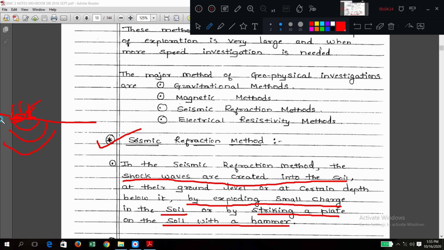You can make a small explosion so that it will create shock waves, or by hitting a steel plate with some hammer, that also creates shock waves. First step in this method is what? In the seismic refraction method, shock waves are created. How? By exploding a small charge or by hitting a plate with the hammer.